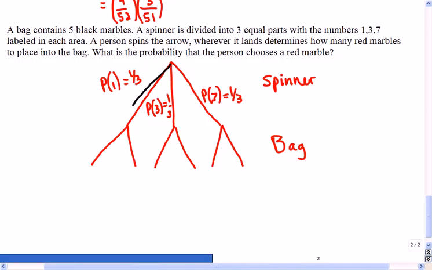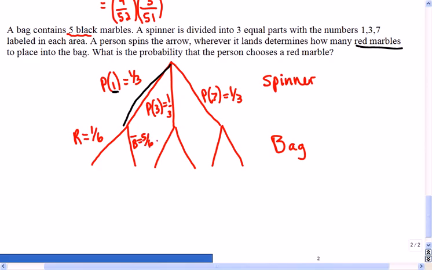So if I follow this branch, that means 1 red marble was placed in the bag. So the probability that it's red, 5 black, 1 red, that means there's going to be 1 out of 6. The probability that it's not red, or it's black, is 5 out of 6.